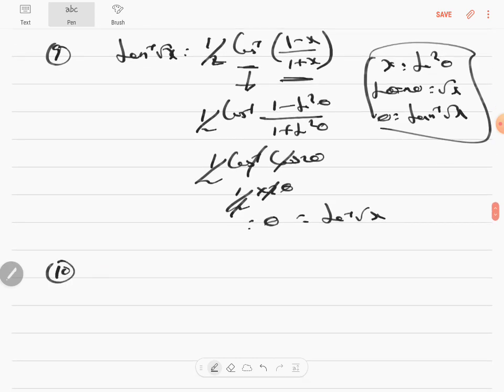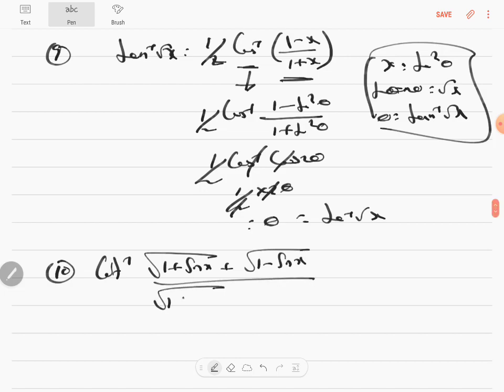Let's go to the 10th. Cot inverse of (root of 1 plus sin x plus root of 1 minus sin x) by (root of 1 plus sin x minus root of 1 minus sin x).